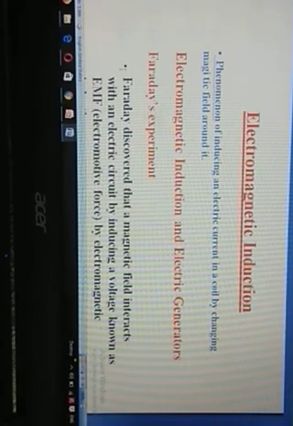The phenomenon of inducing an electric current in a coil by changing the magnetic field around it is known as electromagnetic induction. So, students, the induced current produced by the solenoid can be changed by changing the magnetic field around it.